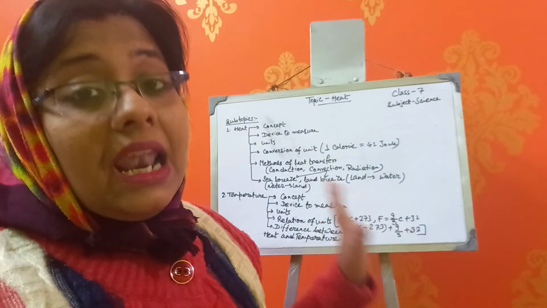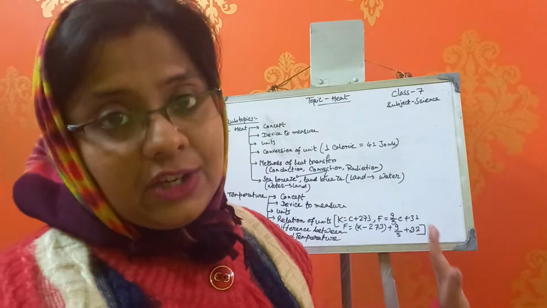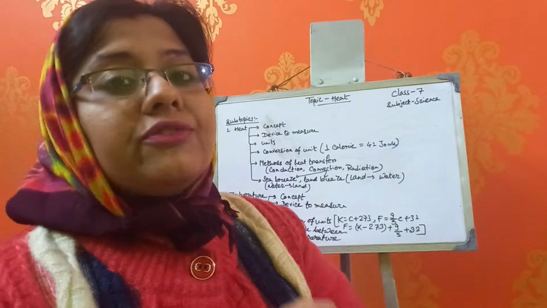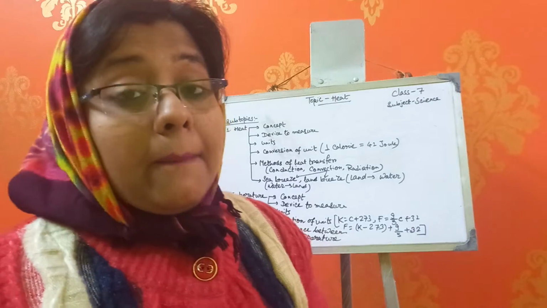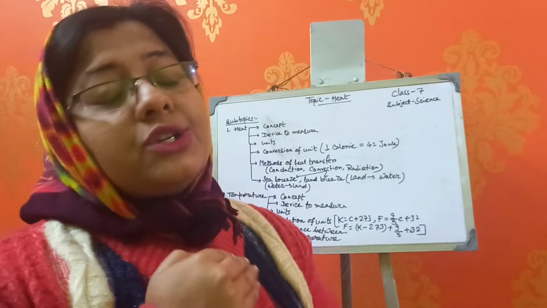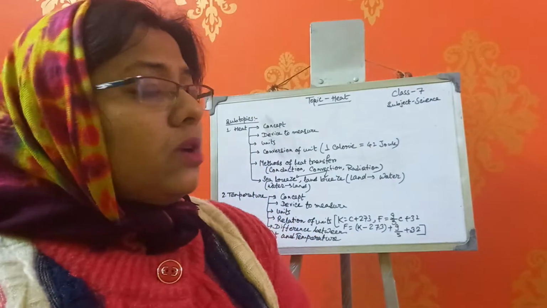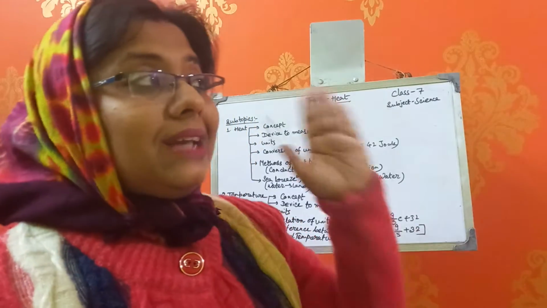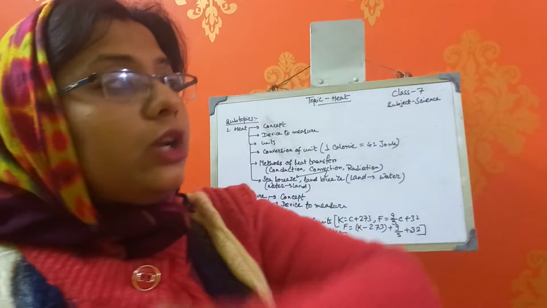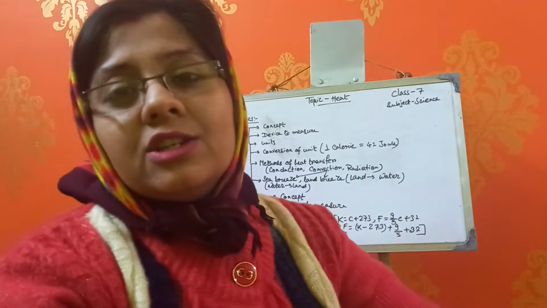But the last method is radiation. Here you cannot find any object or any medium supporting it, because in the case of radiation we do not require any medium, we do not require any help of particles. So directly from a hotter body to a cooler body, the heat energy can radiate.